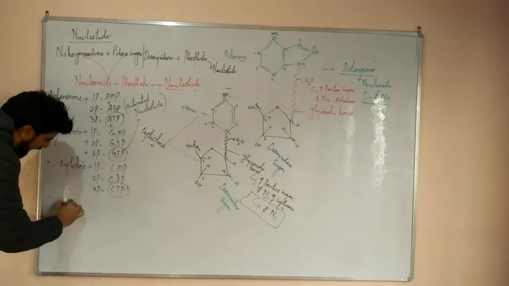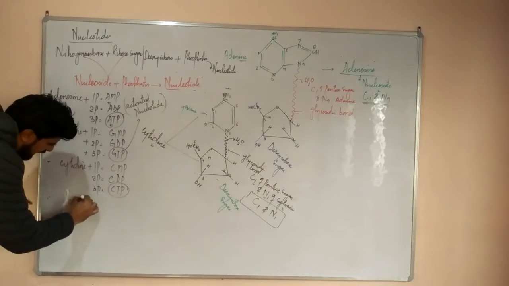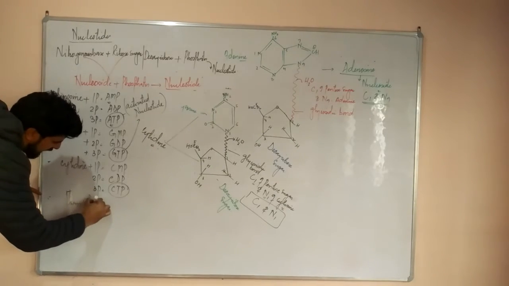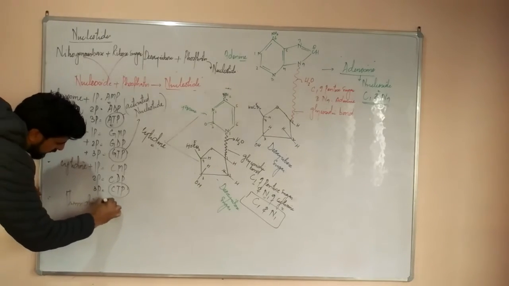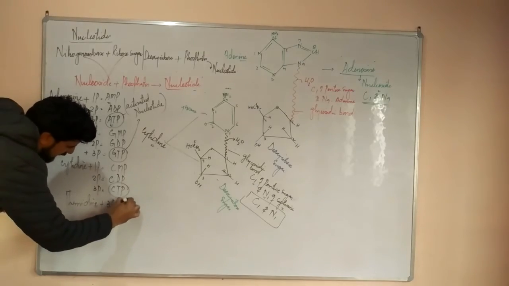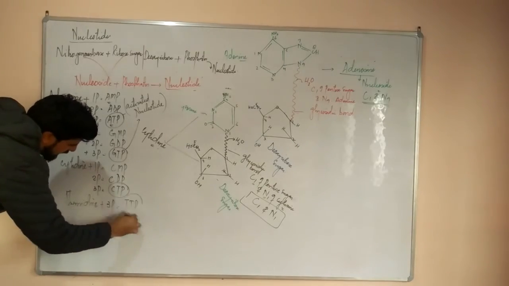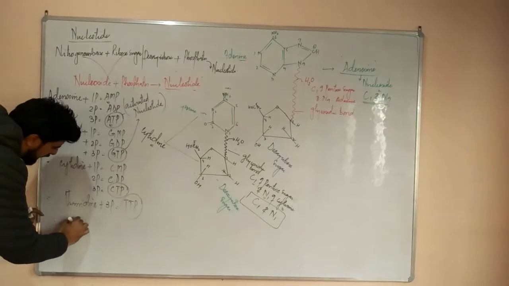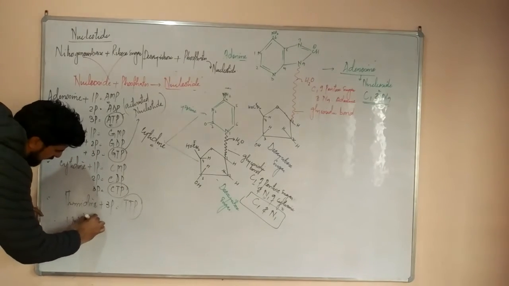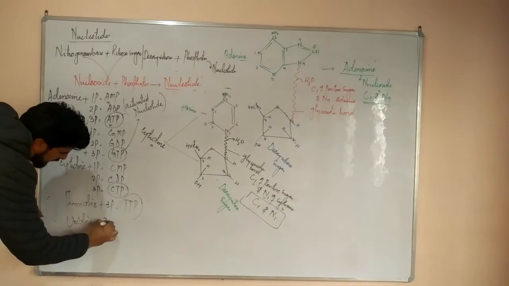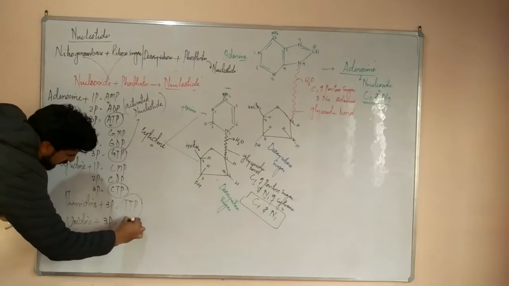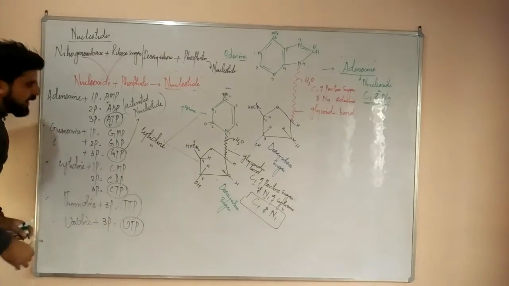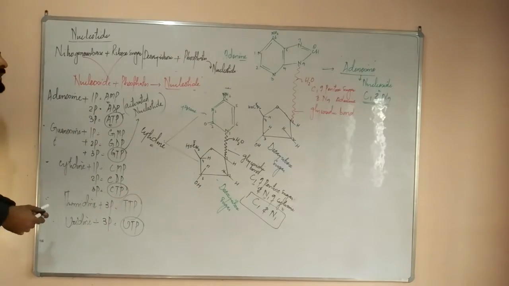Similarly, if we have a thymidine here in case of DNA, and this thymidine combines with three phosphates, it gives thymidine triphosphate, which is an active form of the nucleotide. Similarly, if we have a uridine, now uridine is always combined with the three phosphates, making the UTP, uridine triphosphate. It is also an active form of the nucleotide.